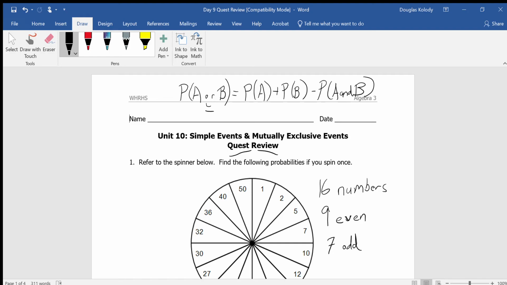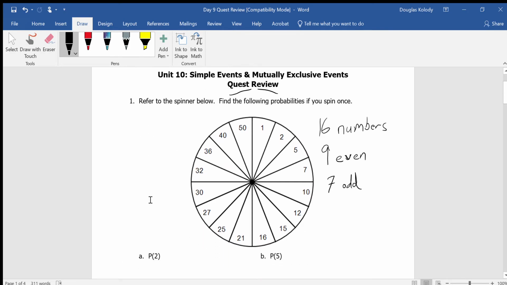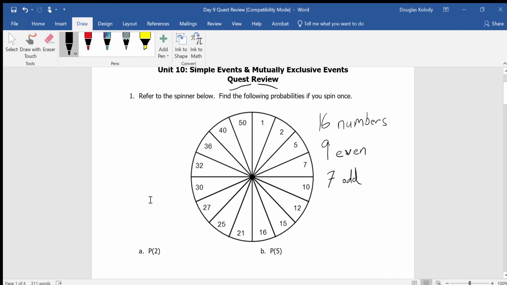The probability of A or B occurring is just the probability of A plus the probability of B, and then minus anything you may have counted twice, anything that overlaps, which is the probability of A and B. So let's get to it. I will do everything in the second column on this entire review sheet with you. You then will do the entire first column, take a picture, and then get it back to me.